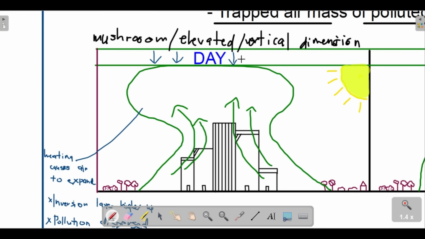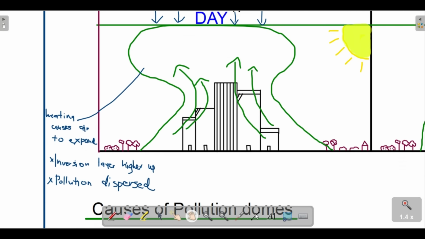So the colder air, you're going to find it higher up in the atmosphere, because this pocket of air expands, and so it pushes that inversion layer upper in the atmosphere, right? Okay, so we see that heating causes air to expand, and the inversion layer is higher up during the day.